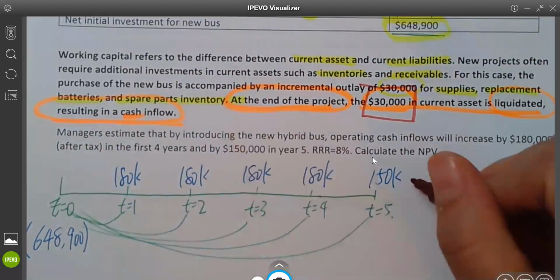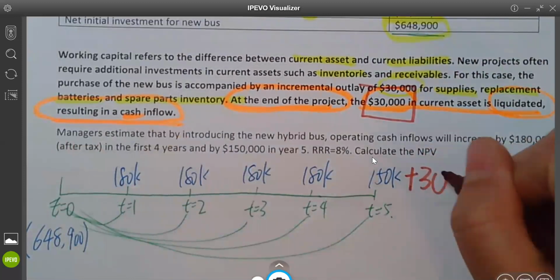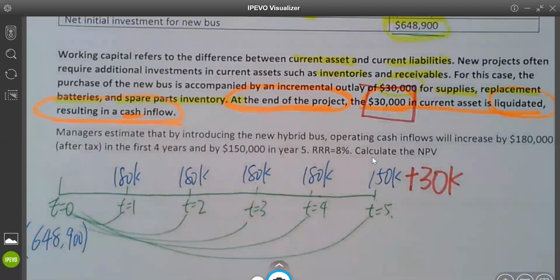So we said this is NPV. We care about the cash. We do not worry whether it's from operation or from your asset liquidation. As long as it's cash, we put that in our analysis. Honestly, this is the only trick.